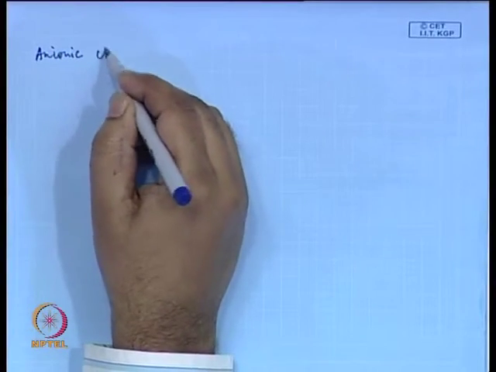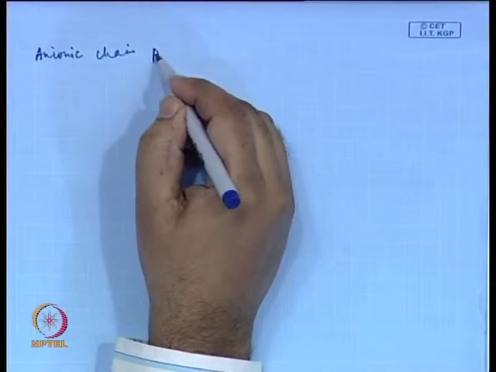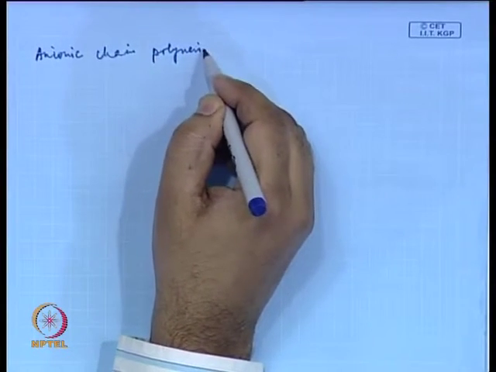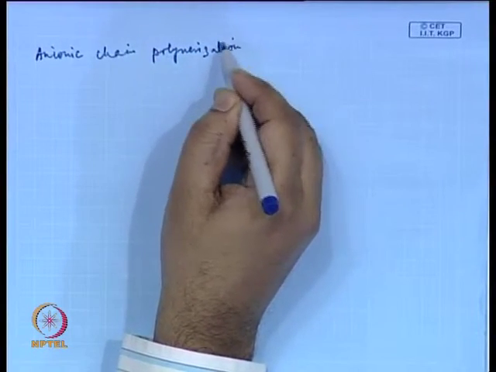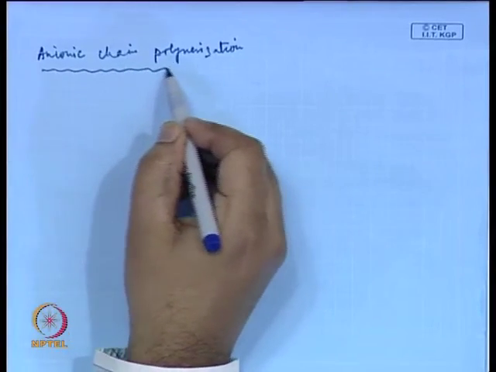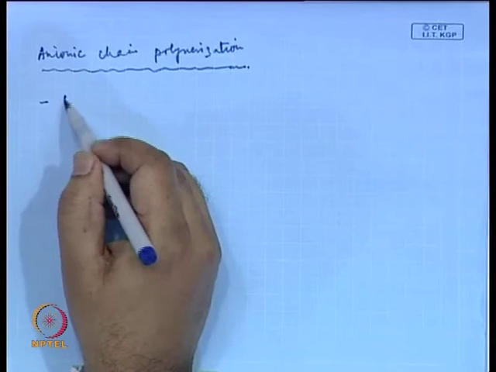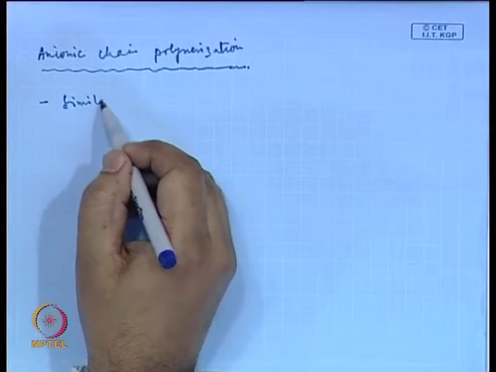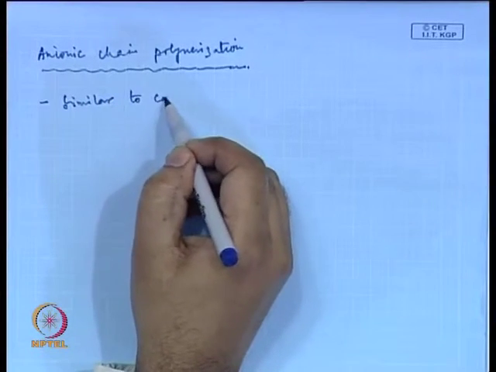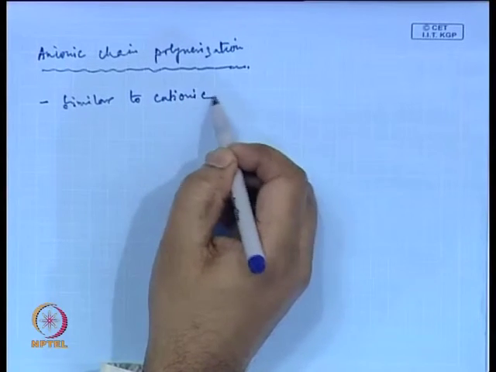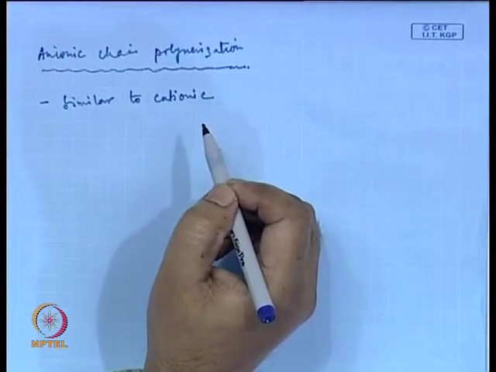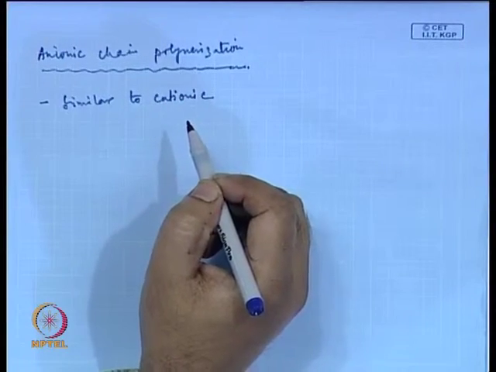Now, let us move to the next topic, anionic chain polymerization. It is similar to cationic, but there are some significant differences as well.